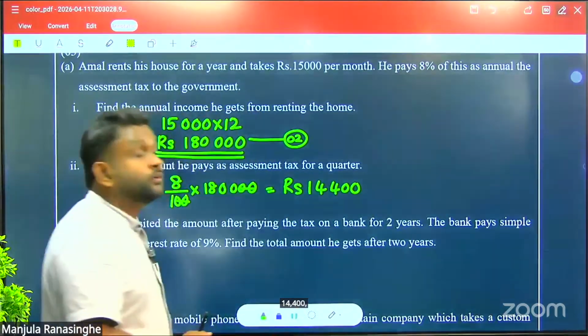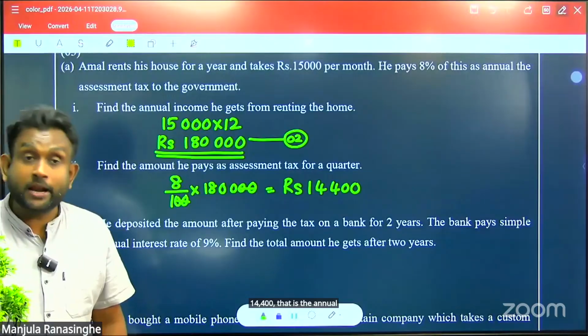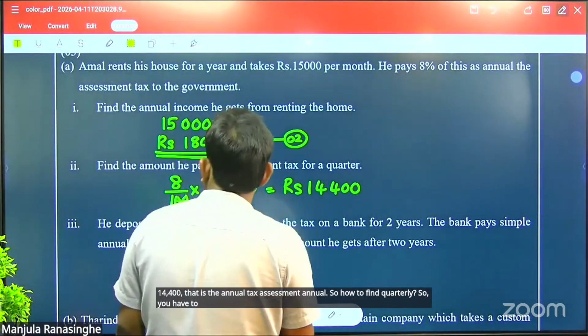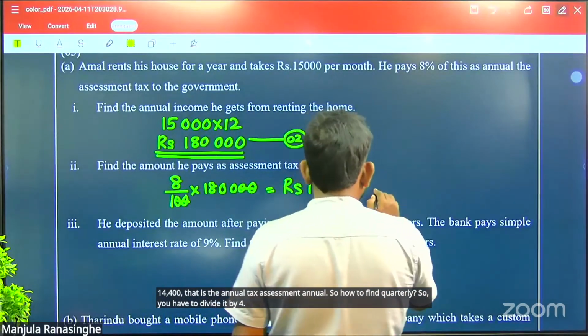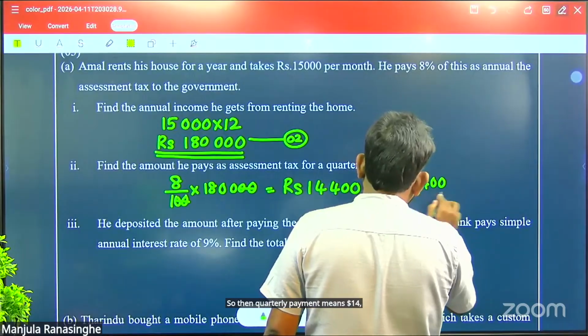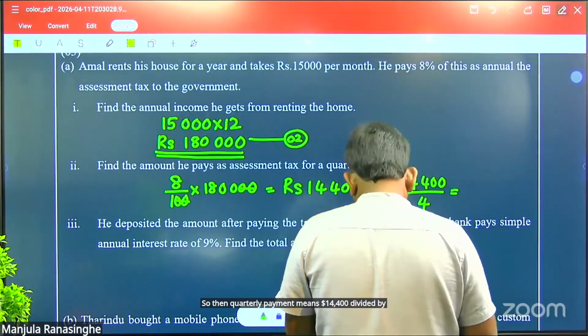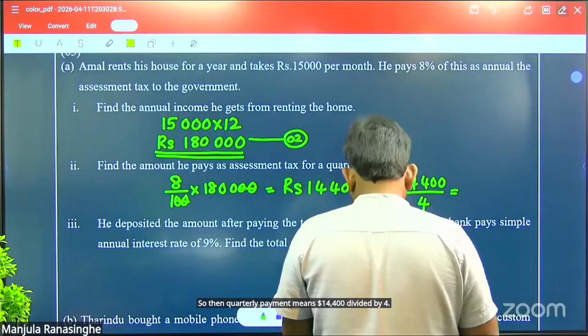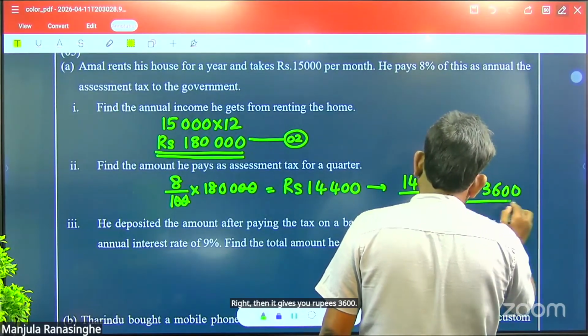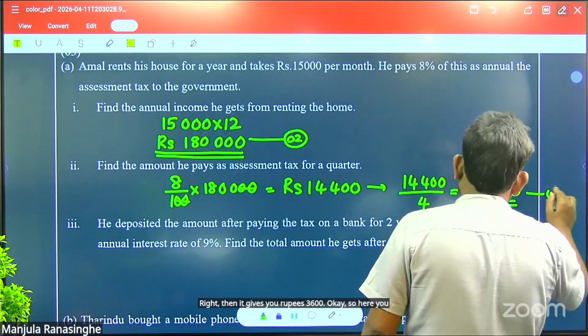That is the annual tax assessment. So how to find quarterly? You have to divide it by 4. So 14,400 divided by 4 gives you rupees 3,600. Here you have 2 marks.